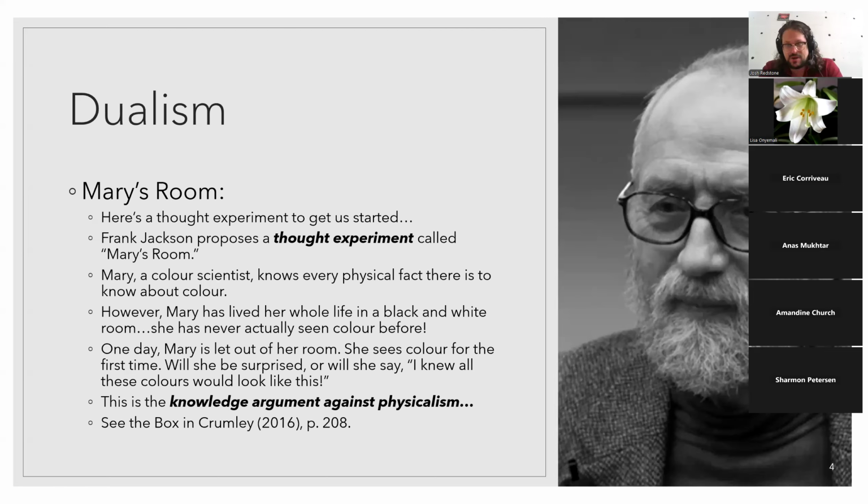And that's why this is part of the knowledge argument against physicalism. If physicalism is true, every fact must be ultimately a physical fact. But if Mary is surprised, that implies that there are more kinds of facts than just physical ones. So physicalism must be false. Do you see what I mean?